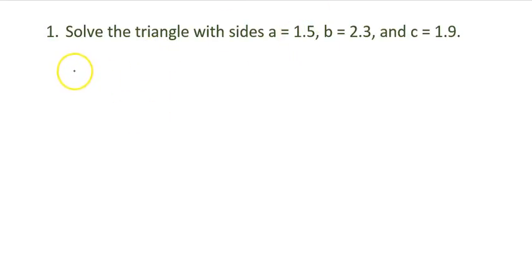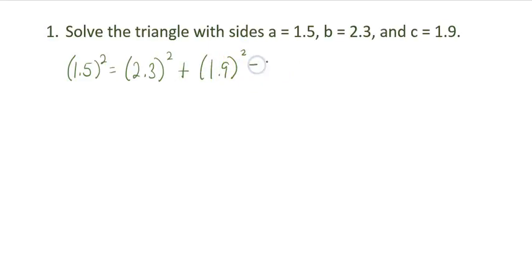So since I want to find angle A, I start with side A, and I have that side squared equals the other two squared and added together. Then I'm going to subtract those two sides. And then the cosine of angle A, and again, angle A is what I'm trying to find, so I don't know what that is. And then I just start plugging in my calculator.